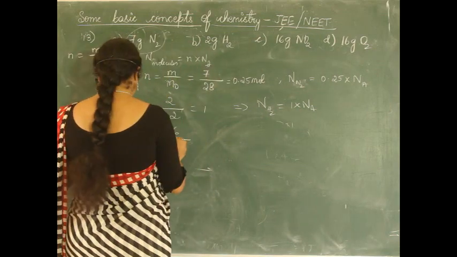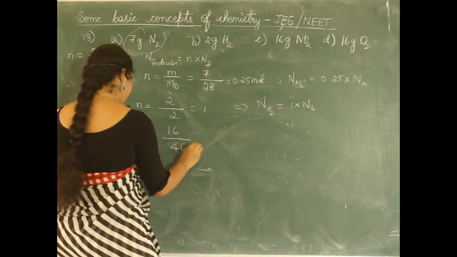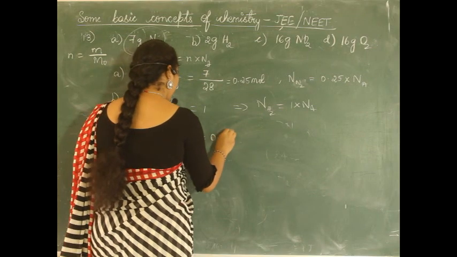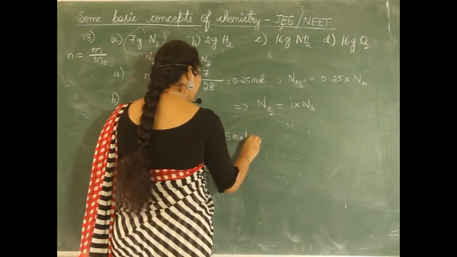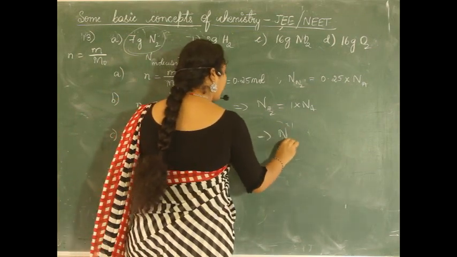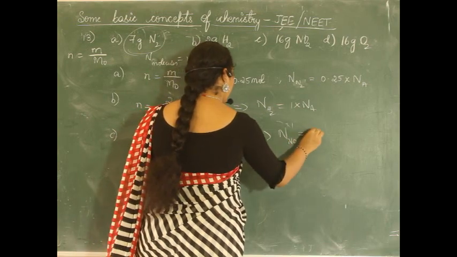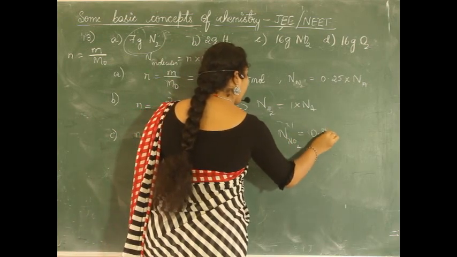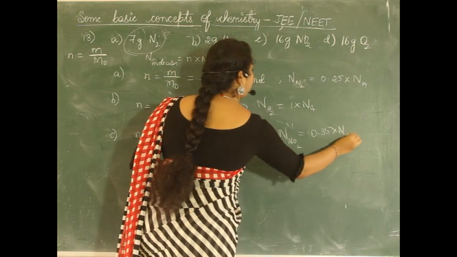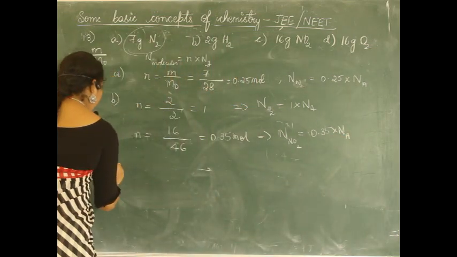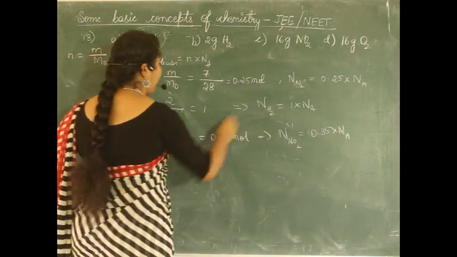So 46, which comes out to be 0.35 mole. That implies the number of molecules of NO2 is equal to 0.35 into Na.